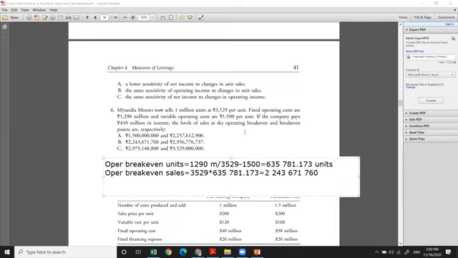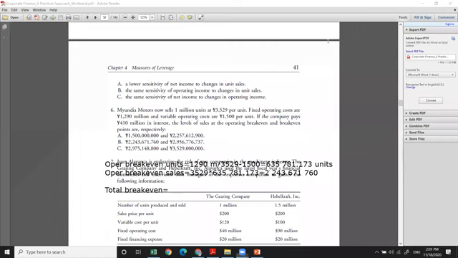So total break-even here will be equal to total break-even following the formula above, which is given. Let me show it again to you.